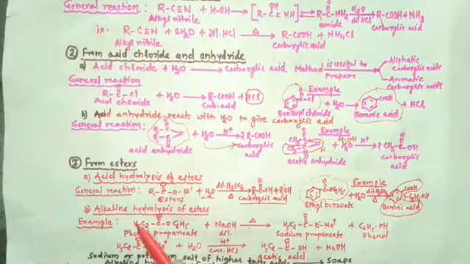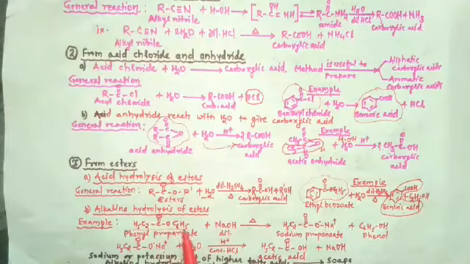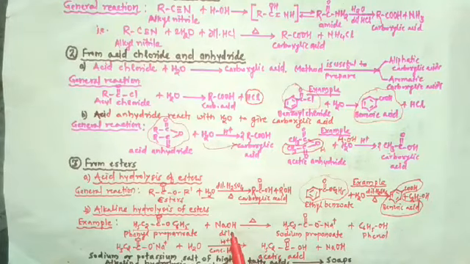Then next one is the alkaline hydrolysis of ester. This is the ester. When ester is heated with dilute alkali like NaOH or KOH, it gives the water soluble sodium or potassium salt of the acid, that is carboxylate.